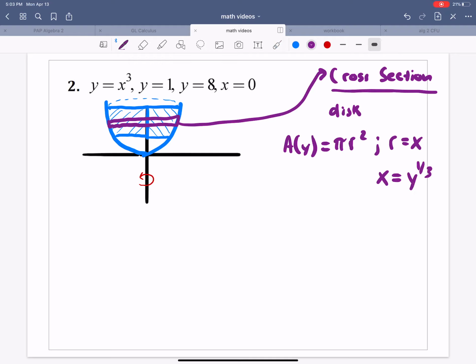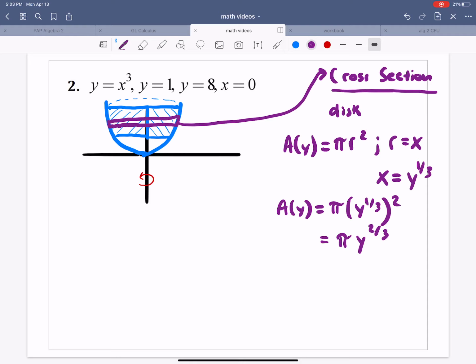You take the cubed root of both sides. So when I plug that value in for my radius, I end up getting pi times y to the 1/3 squared. And if we apply some algebra skills, properties of exponents, we end up getting pi y to the 2/3 power.